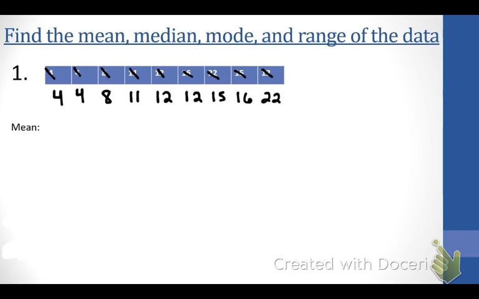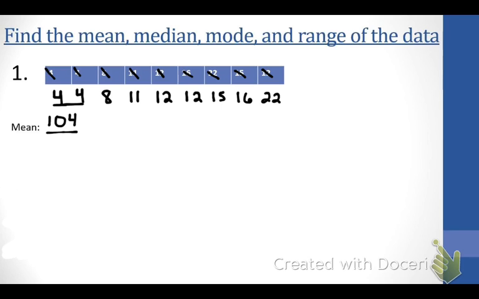Once again, this is a calculator chapter. So I want you to pull your calculators out and add up all of the numbers in this data set. Isabel, what'd you get when you added them up? 104, okay? When you're doing the mean, you have to show your work. Now I'm going to divide by the number of numbers I had in my data set. So you can count these numbers.